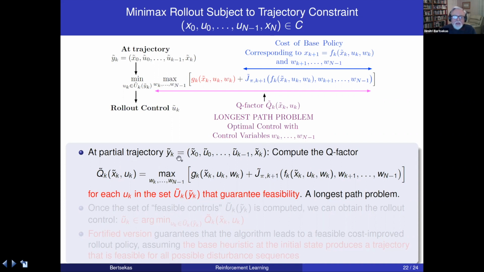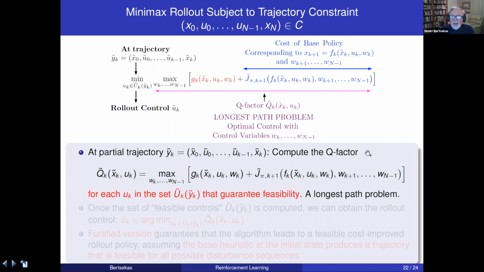So for a given partial trajectory, we calculate the corresponding Q factor as earlier. However, the longest path problem that you solve here may violate feasibility, this constraint. Remember, we're dealing with a malevolent opponent, and the malevolent opponent will do everything possible to get us off feasibility.